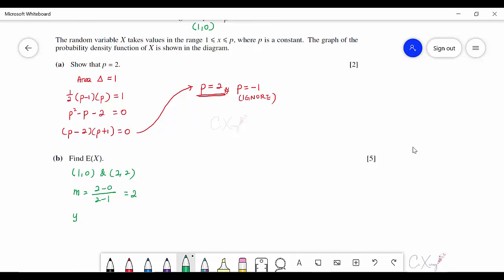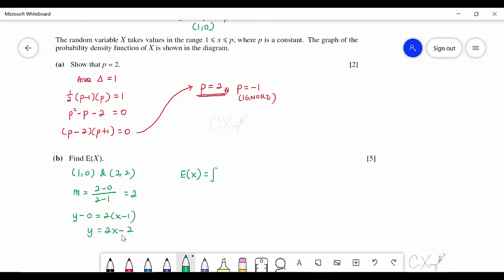I'm using the first point here. So y minus 0 equals m times x minus 1. Your equation for y will be 2x minus 2, or you can say this is your f(x), 2x minus 2.